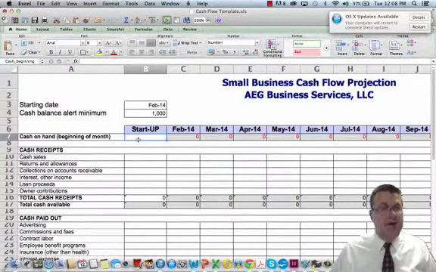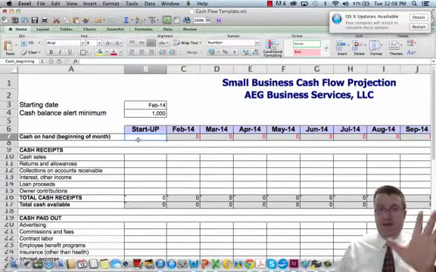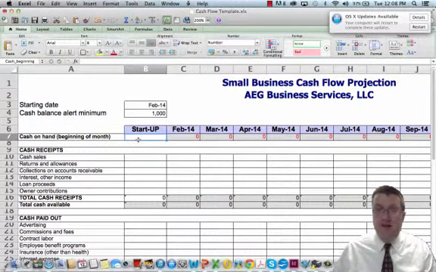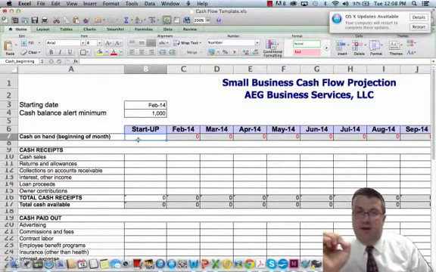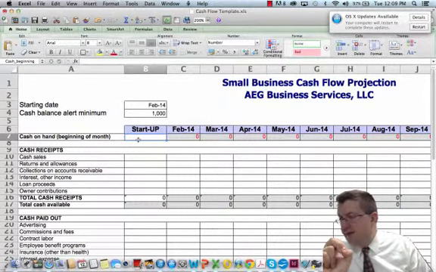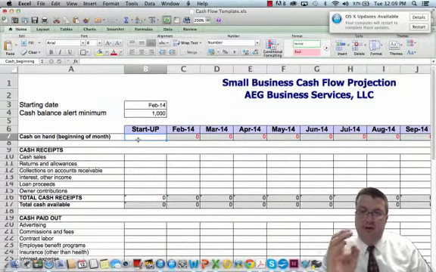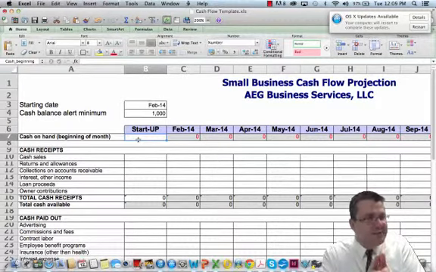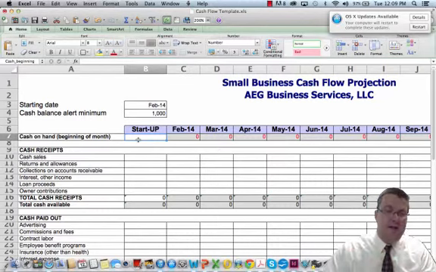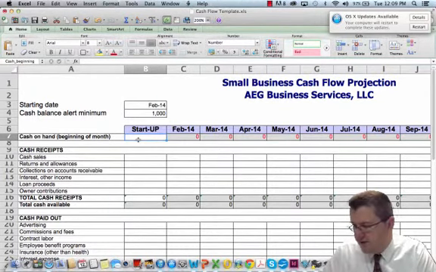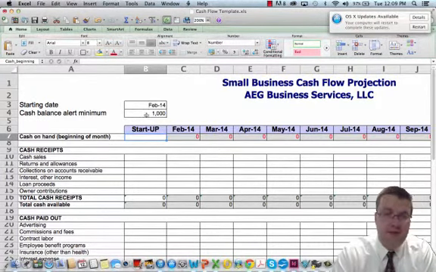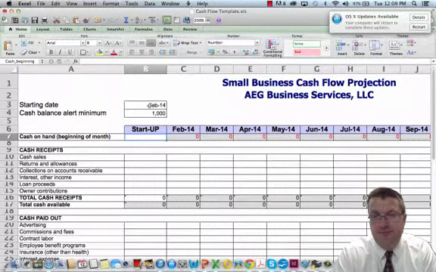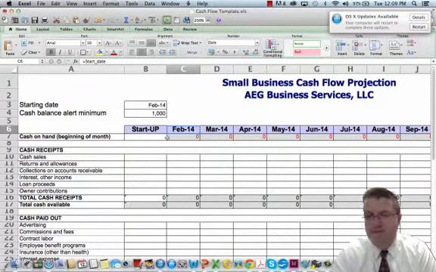All right, so then we're going to deal with cash on hand. This is in your startup category here that I've added. This is going to identify how much money I am starting with. What is my balance the day I begin startup? When I put February 14th, it automatically filled all the months for that specific year.